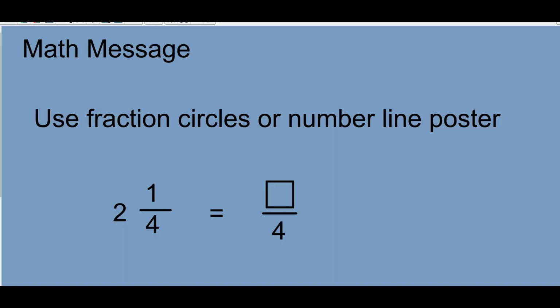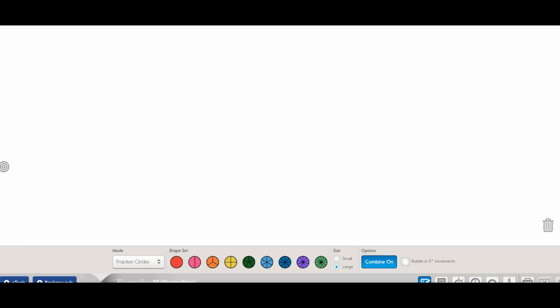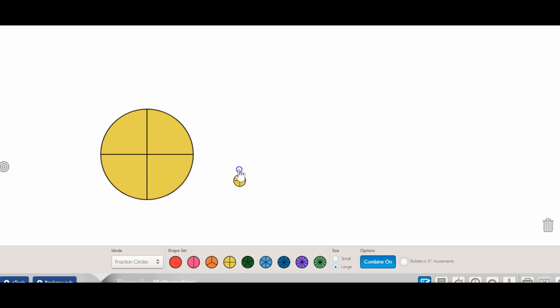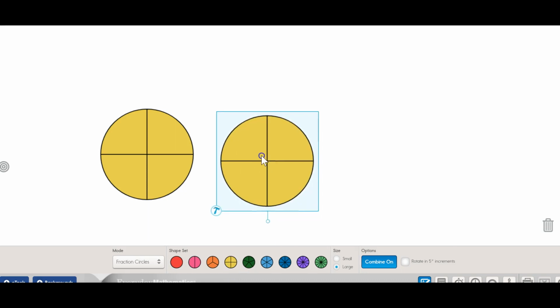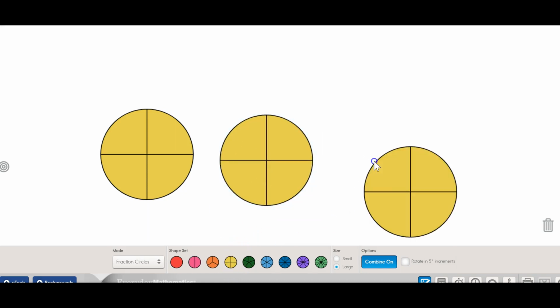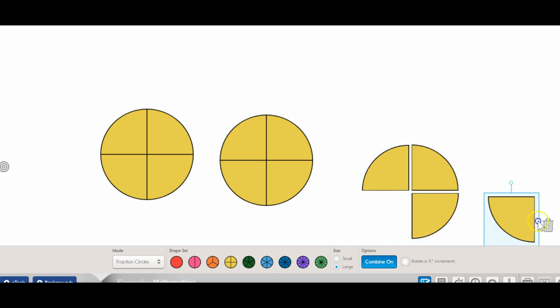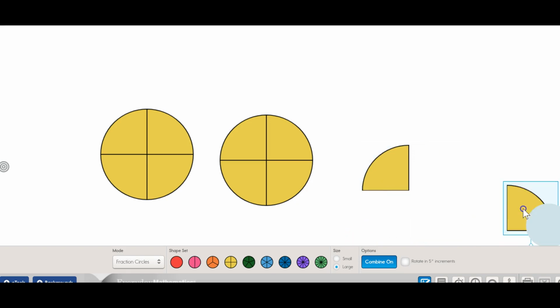Let's look at mixed numbers. 2 1/4 would be equivalent to how many fourths? So I'm on the eTools on ConnectEd, and I'm going to pick the fourths showing my one whole, 2 wholes, and 1/4. Here's my 2 1/4.